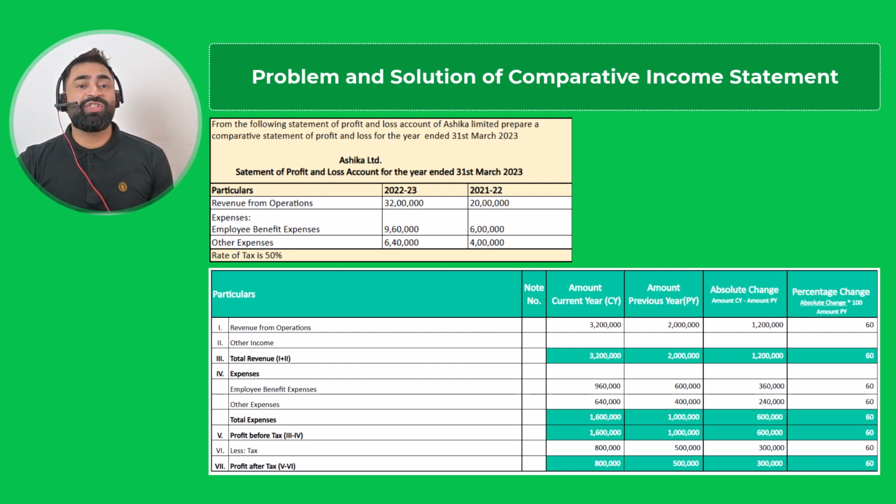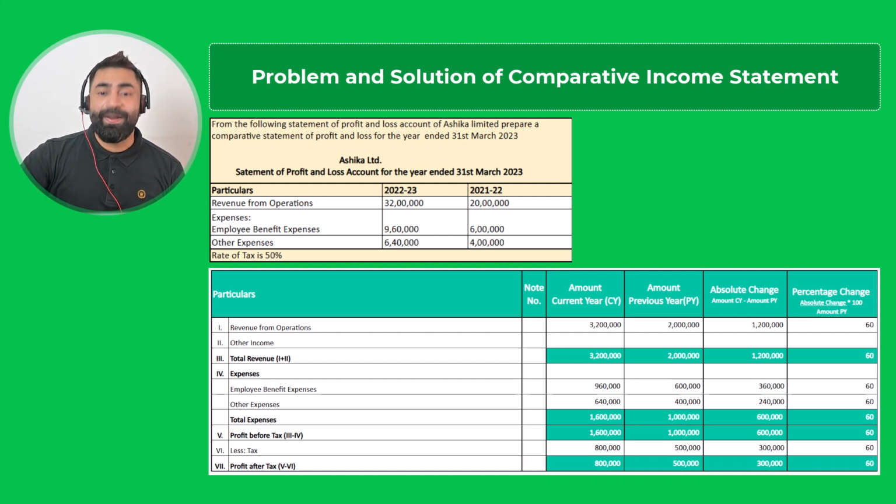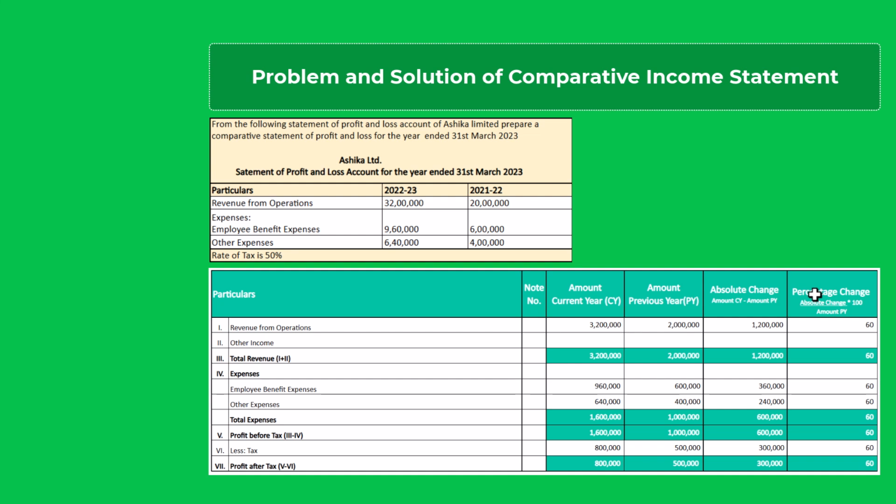Anyway, I hope you understood how do you make a comparative income statement. So to really quickly recap it for you, you have certain columns, you must remember them: particulars, note number, amount of current year, amount of previous year, absolute change, which is the difference between the amount of current year and the amount of previous year, and then percentage change, which is a calculation of absolute change divided by amount of previous year into 100.